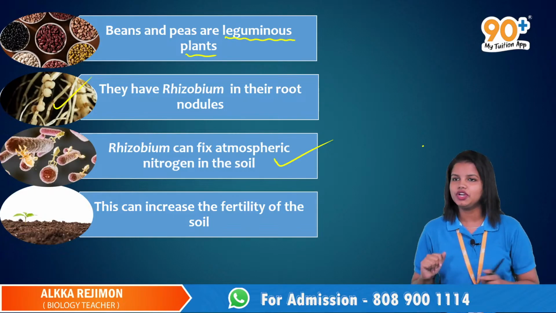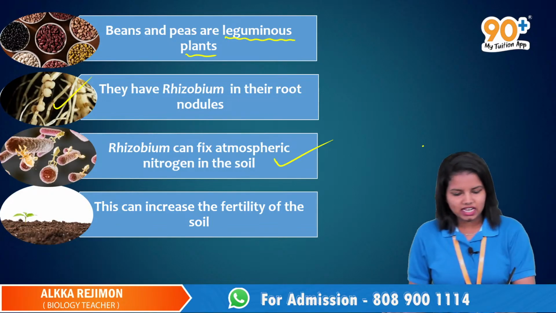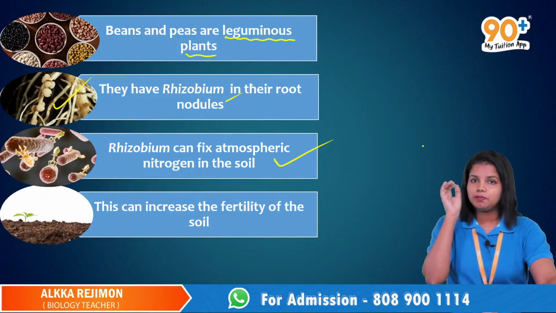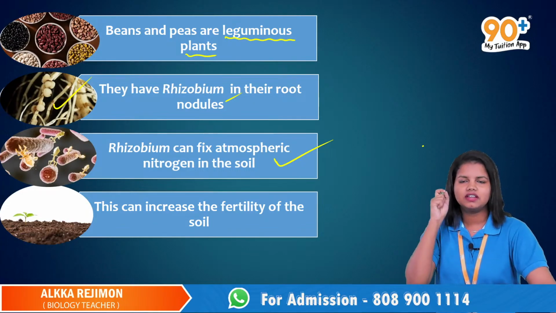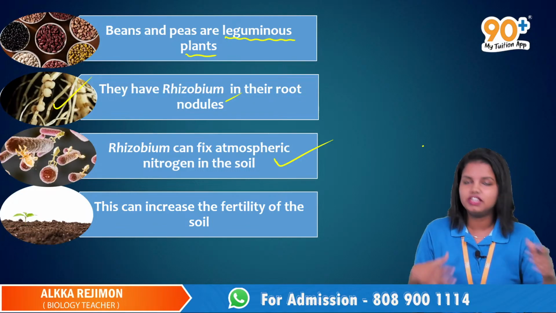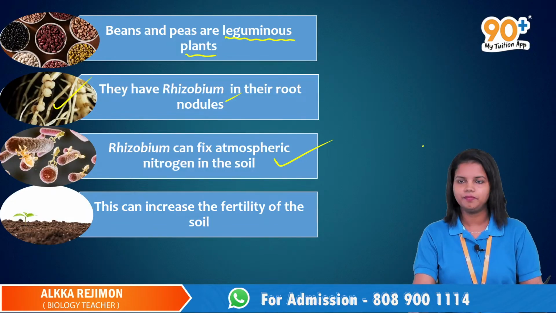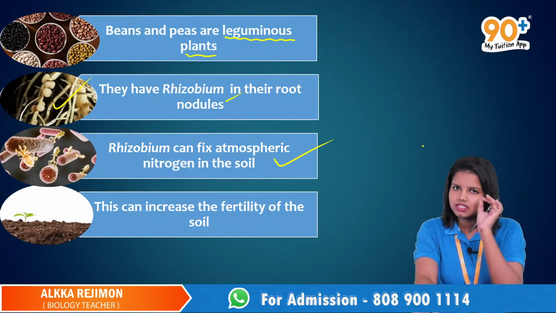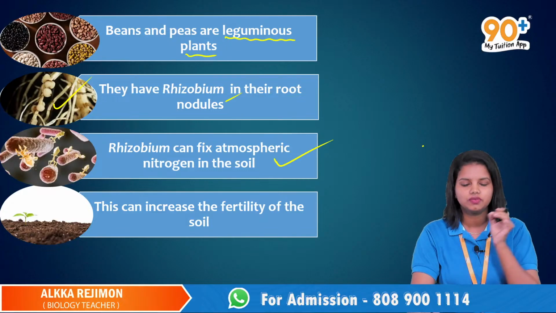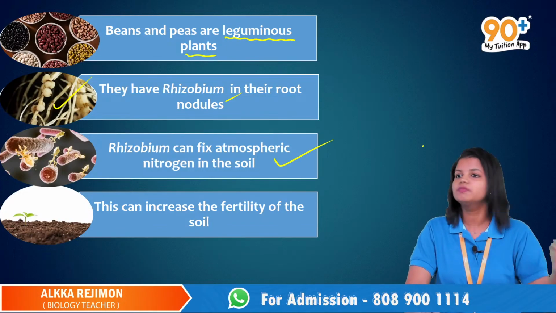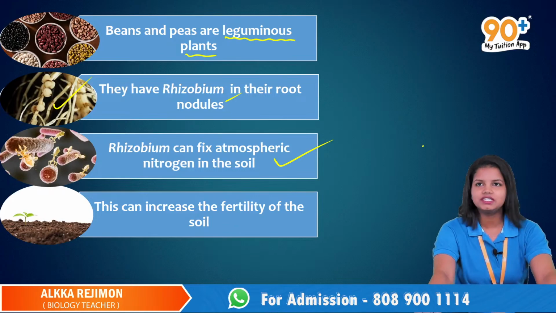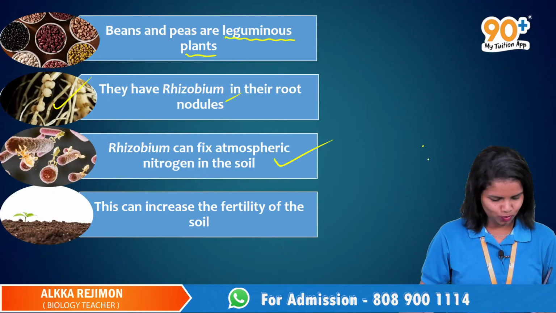That's the answer to your question. If you can mention terms like leguminous plants, rhizobium bacteria, and atmospheric nitrogen conversion, you are already scoring your marks. So nitrogen fixation is basically the point you need to give in this particular question. I hope it's clear. Okay. So let's move on.